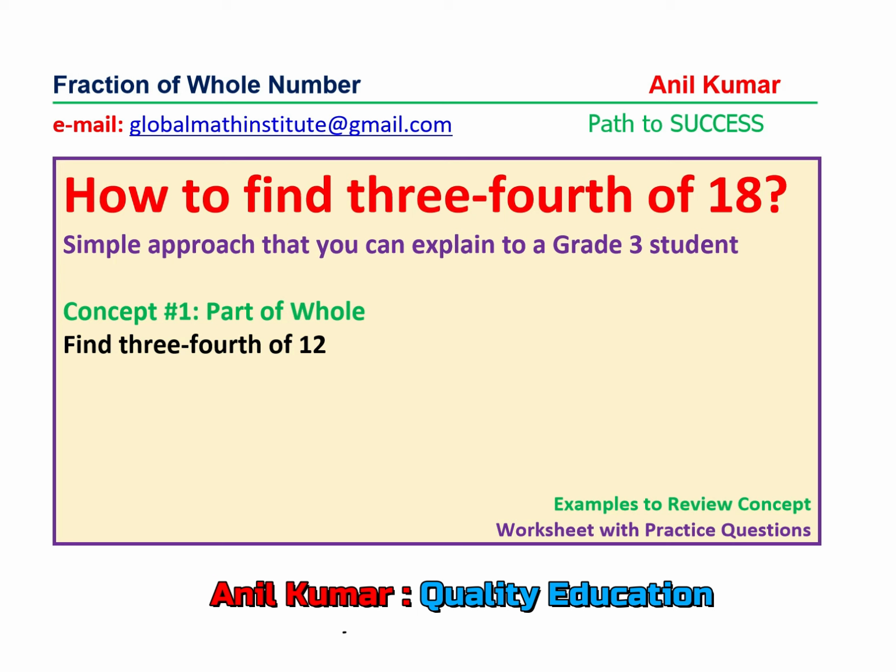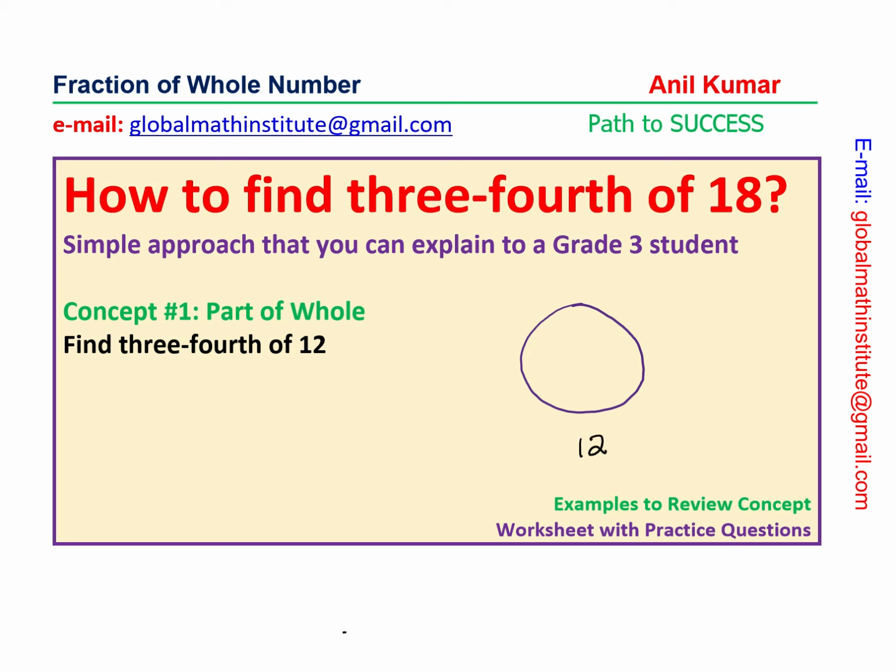Let's find 3/4 of 12. So how are we going to do 3/4 of 12? Once again, let's make a circle. Now this circle really means 12, right? Now, since we want 3/4, we'll divide it into 4 equal parts, right?